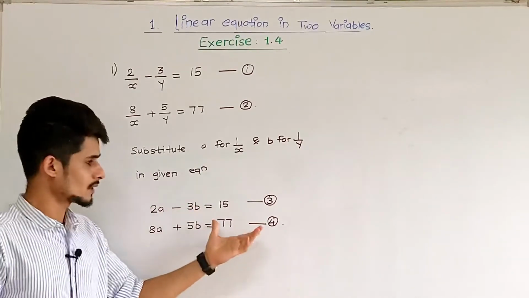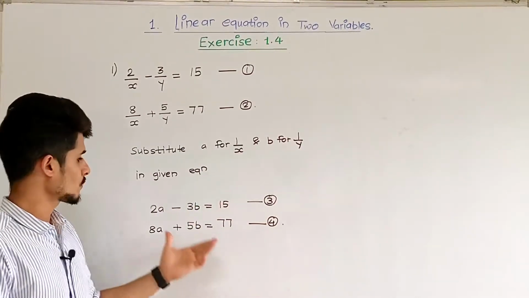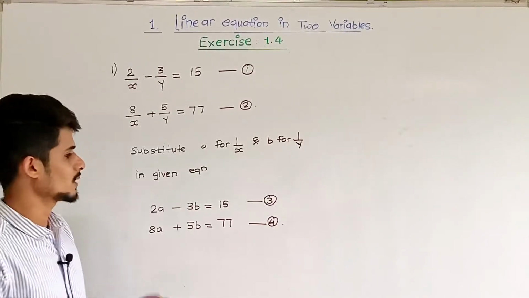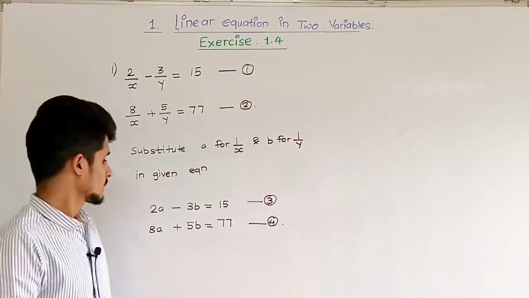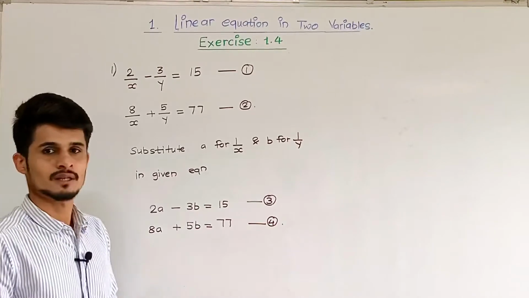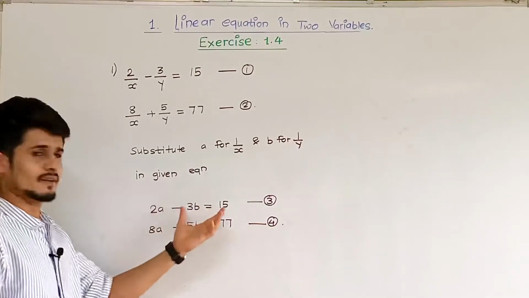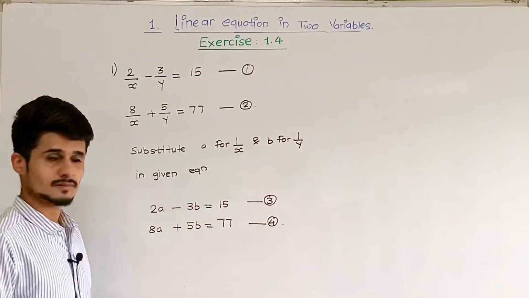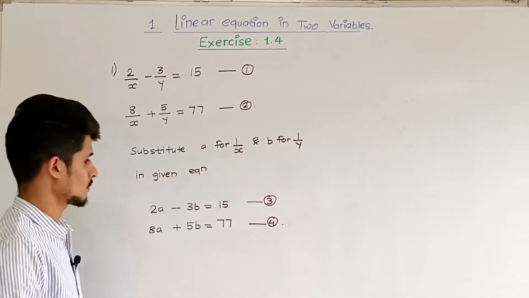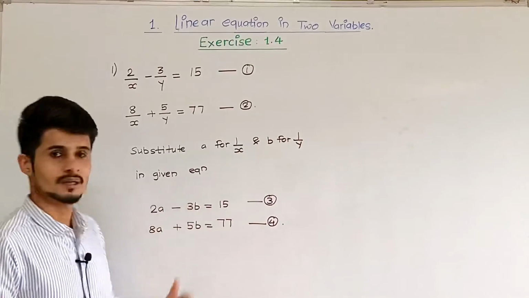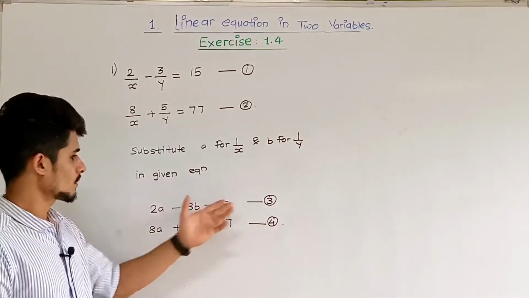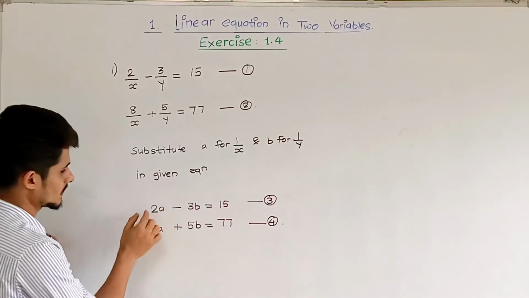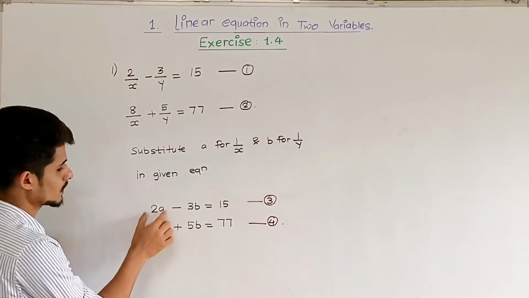So now equation 3 and equation 4, we just have to solve as we have solved in exercise number 1.1, that is by the elimination method. So we just have to see whether there is any common term in equation 3 and equation 4. As you can see, there is no common term. So if we multiply equation 3 by 4, we get a common term, that is 4 into 2 will be 8.